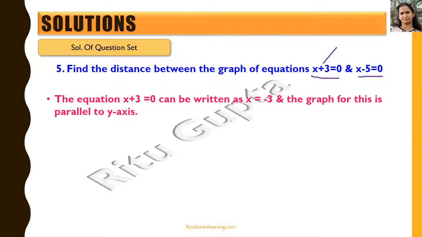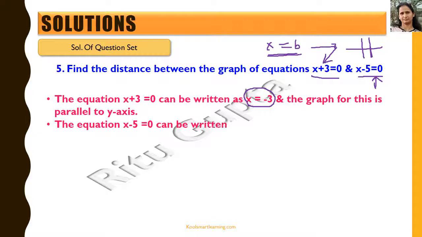We can rewrite x + 3 = 0 as x = -3, because we know that an equation of the form x = b results in a graph which is parallel to the y-axis. So here we have x = -3, and the second equation we can change to x = 5.